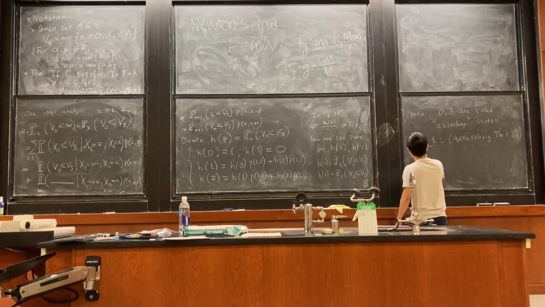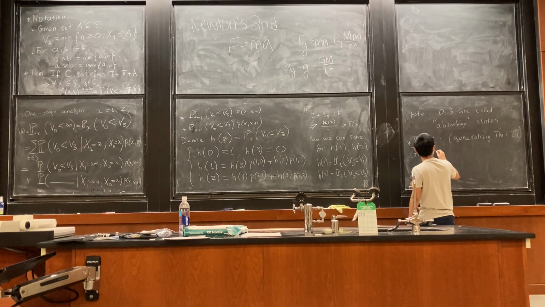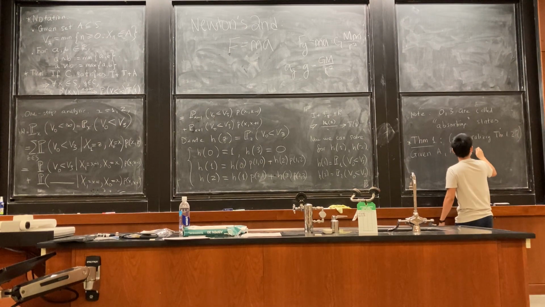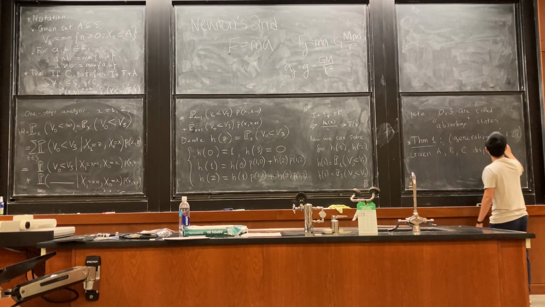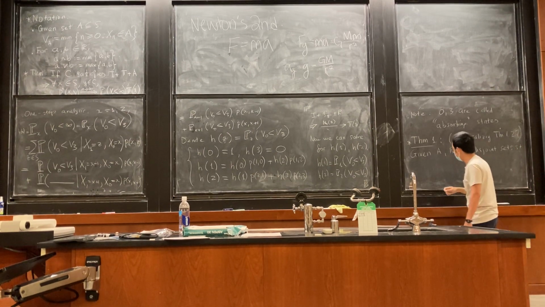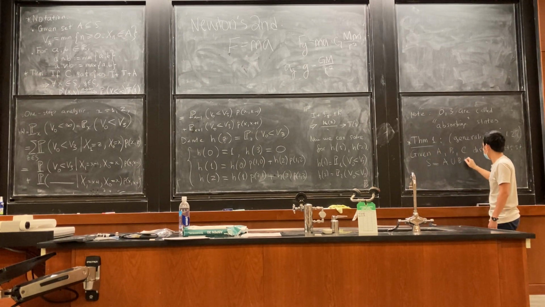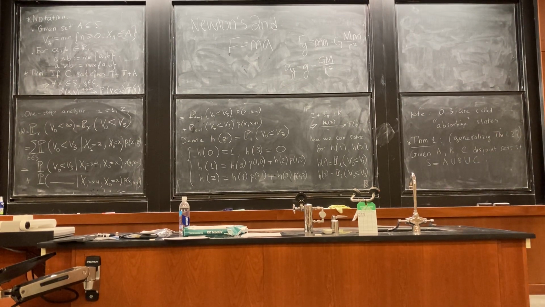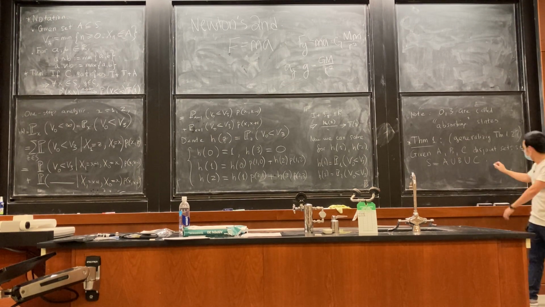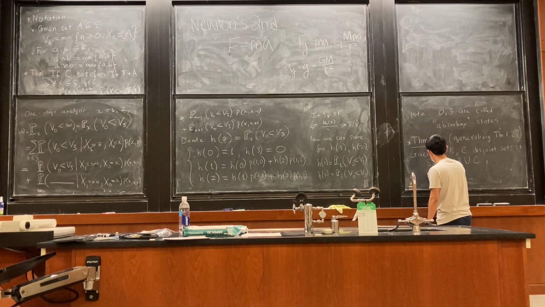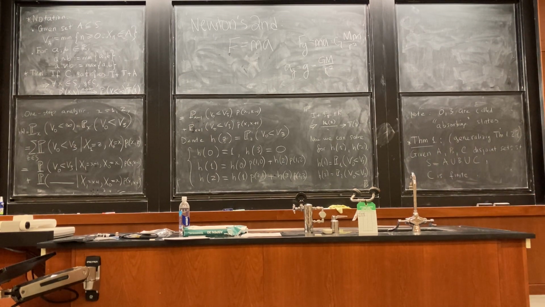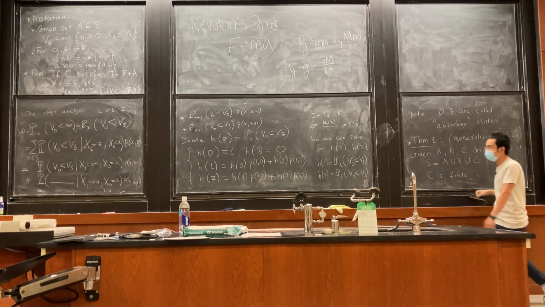Given A, B, C disjoint sets such that S can be written as the union of A, B and C, with the key condition that C is finite.